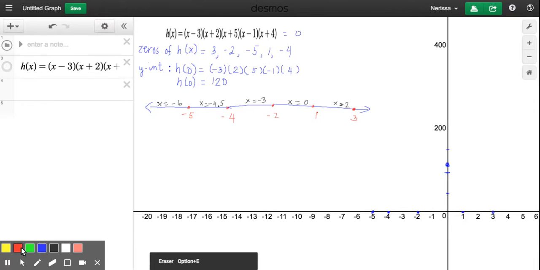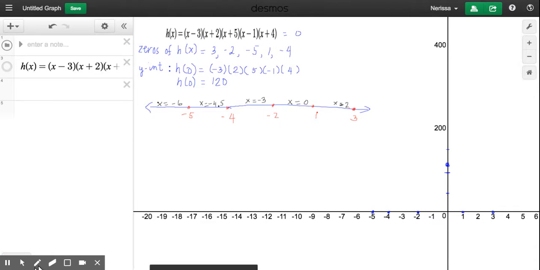Okay, so now, what is the sign of h of x in this interval? So when x is equal to -6, -6 minus 3 is negative, -6 plus 2 is negative, -6 plus 5 is negative, -6 minus 1 is negative, and -6 plus 4 is also negative.